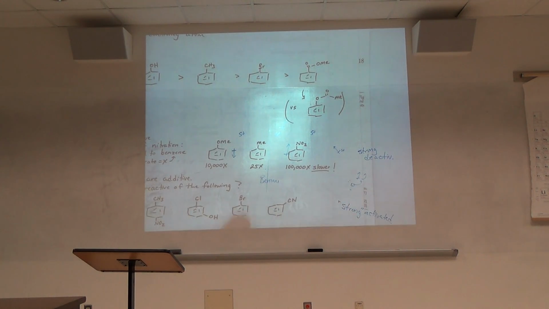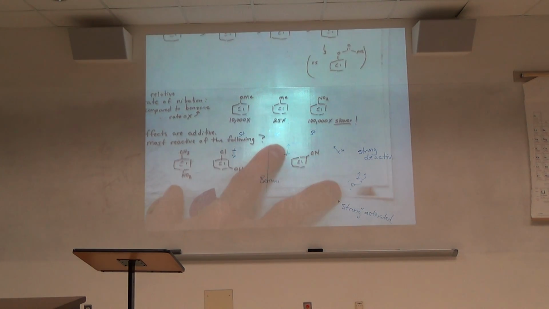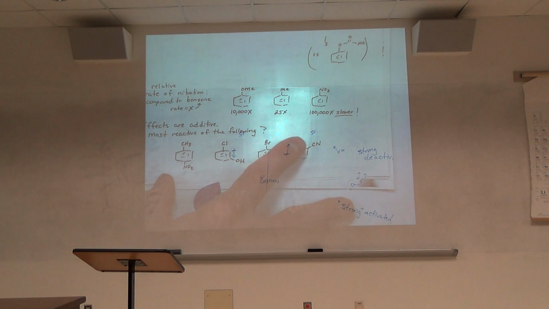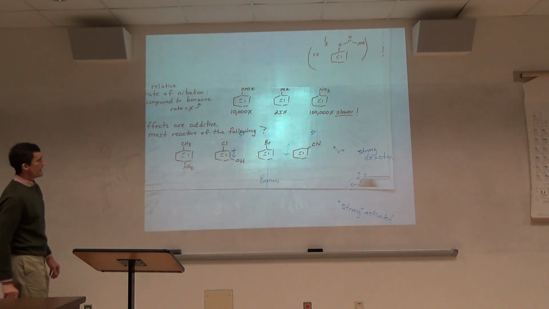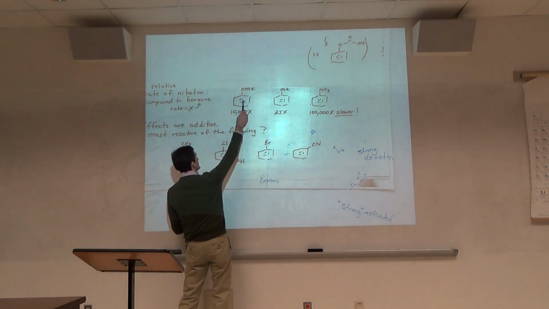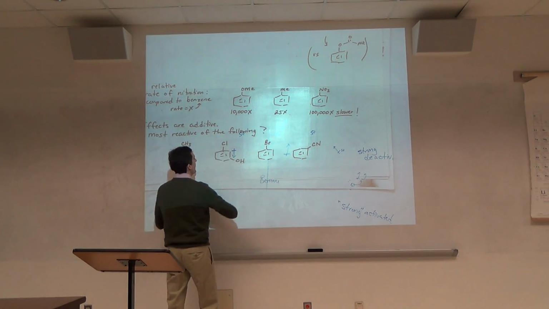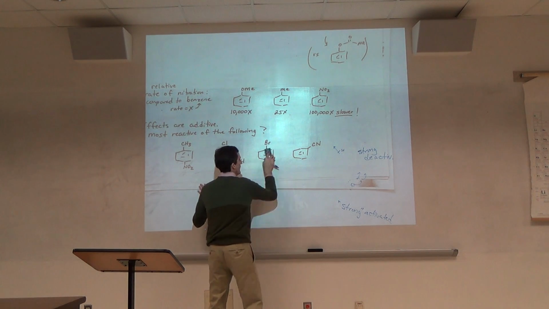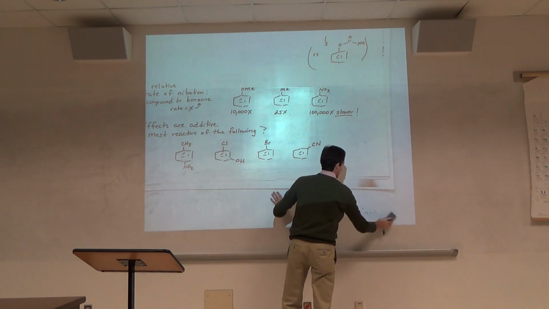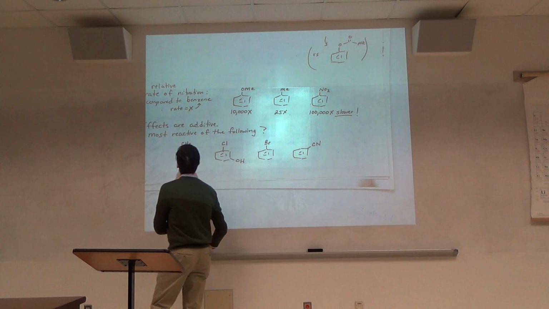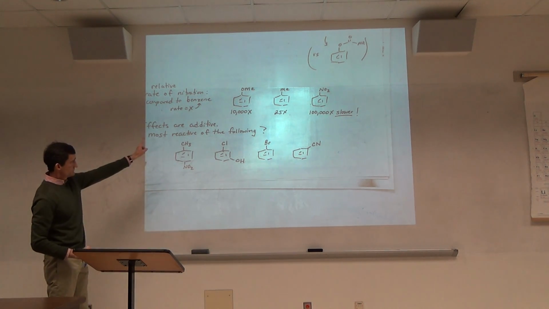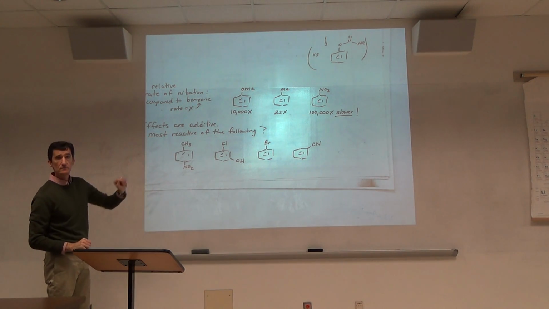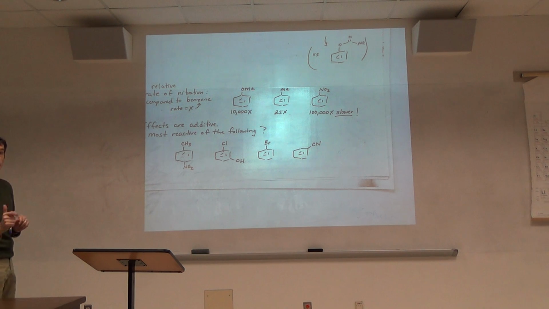Okay, I'll give you some relative actual numbers. Compared to benzene, what's the name of this compound here? Anisole. If you nitrate anisole using nitric acid and sulfuric acid, it nitrates 10,000 times faster than benzene.